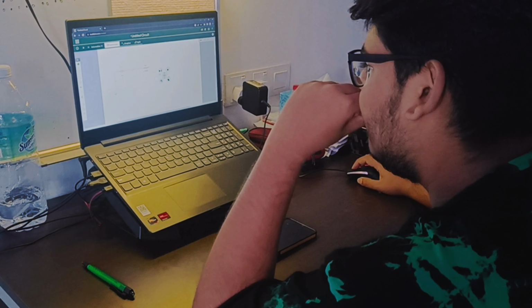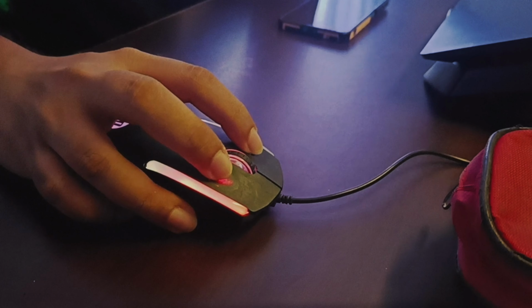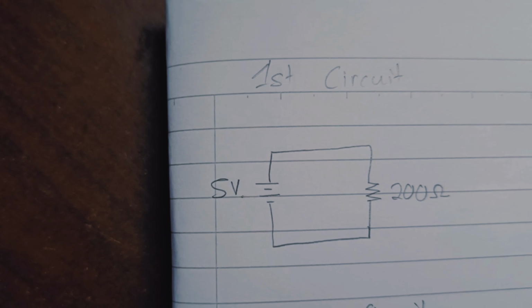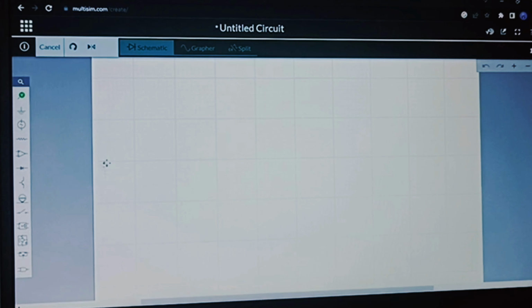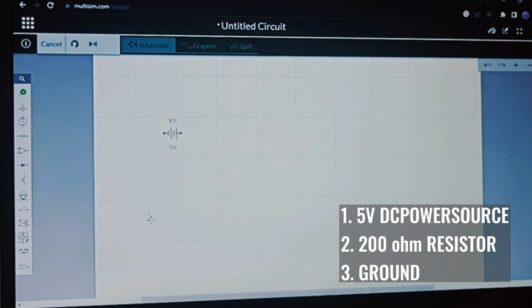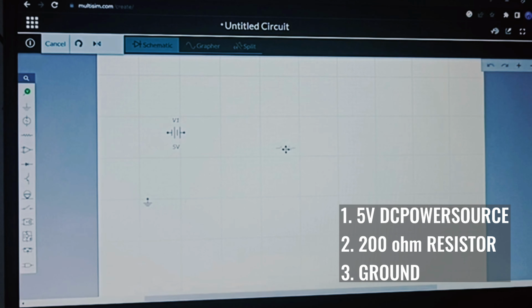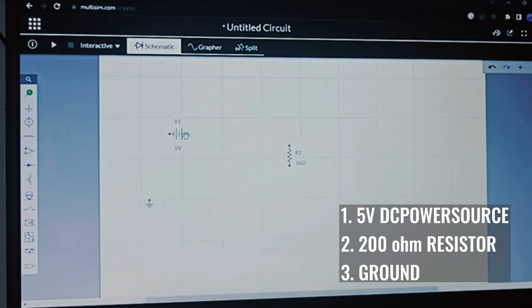On the second day, we construct all 3 circuits in Multisim Online to get exact data. For the first circuit, which is the resistor circuit, we just use 3 elements: a 5V DC power supply, a 200 ohm resistor, and ground.